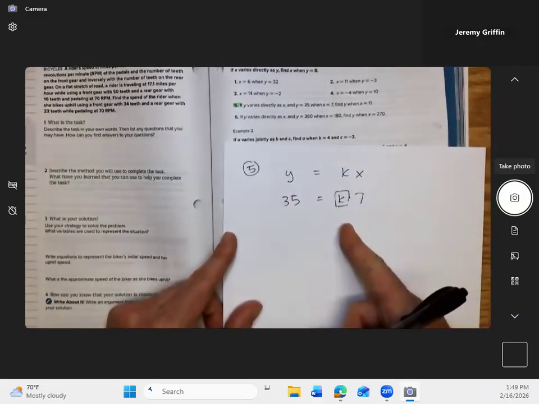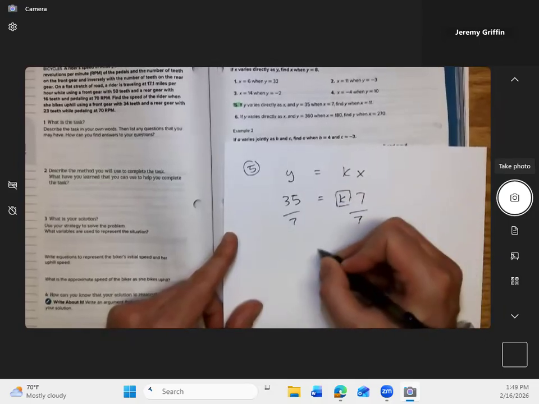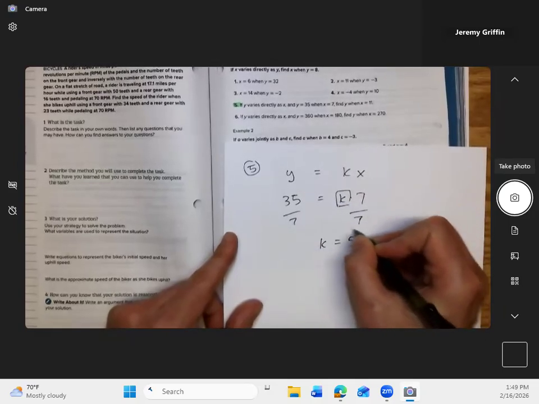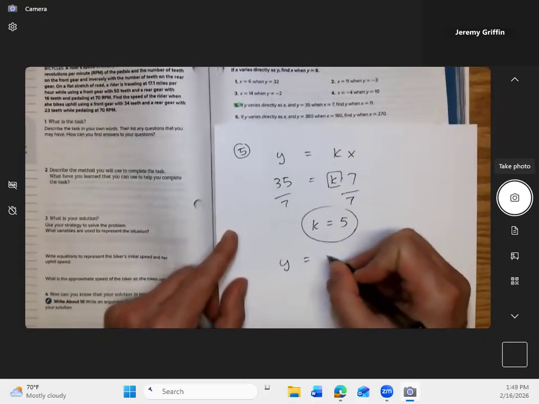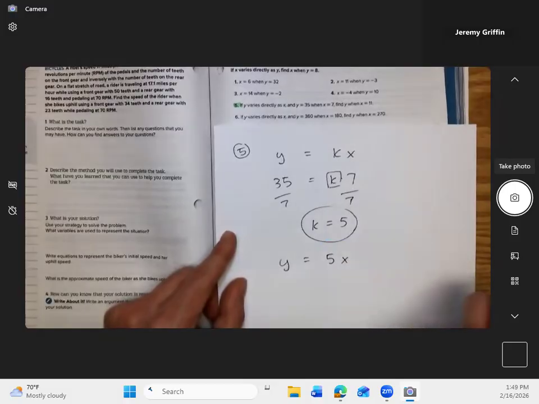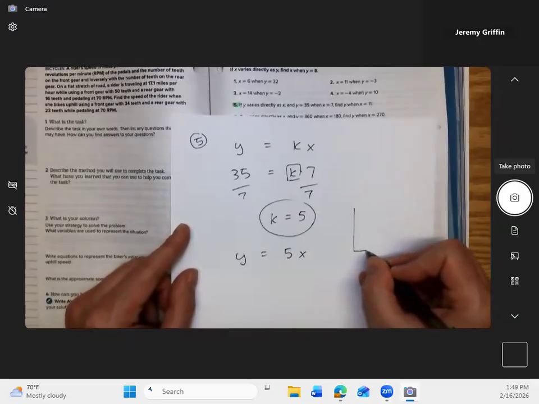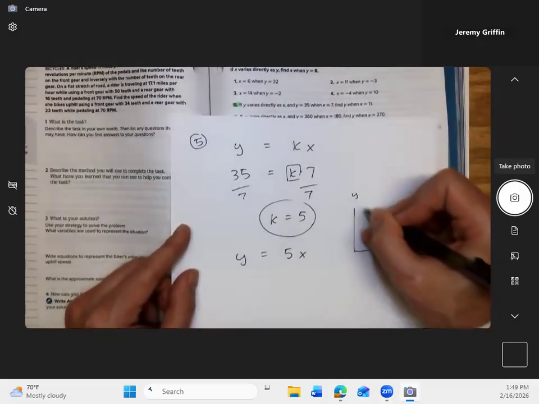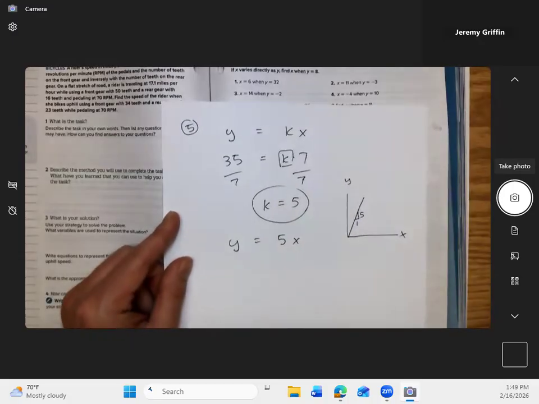That means I can solve for k. Divide both sides by 7. I think k is equal to 5. Now that I know that, I can say y is always equal to 5x. Direct relationship. If you graph that, x-axis, y-axis, it would look like this, with a slope of 5 over 1.